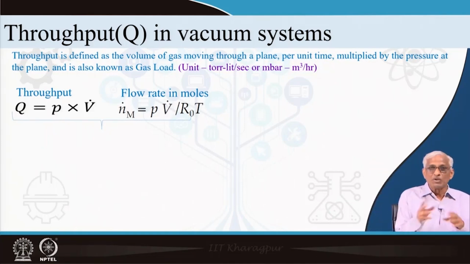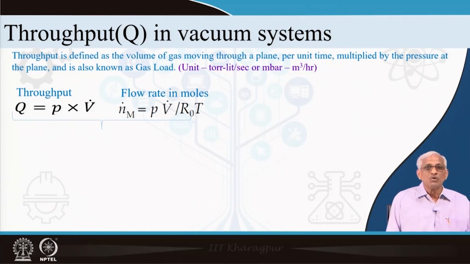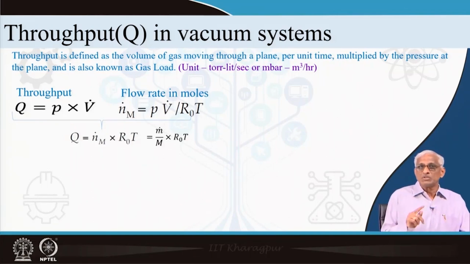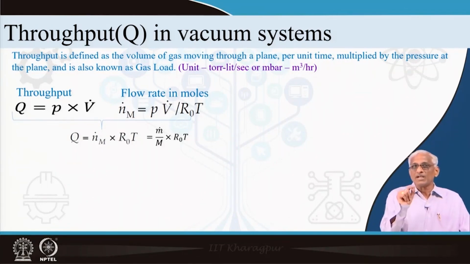Now, manipulating these two equations, we can get another equation, that throughput is the molecular flow rate, that is flow rate in moles, multiplied by R naught T, that n dot m is nothing but m dot by molecular weight, m dot by m into R naught.